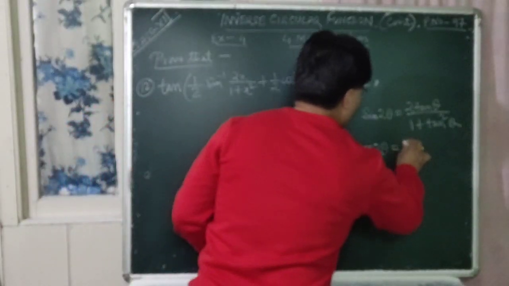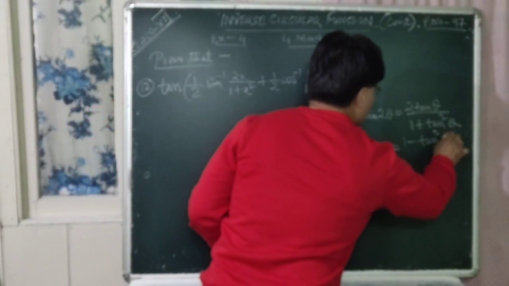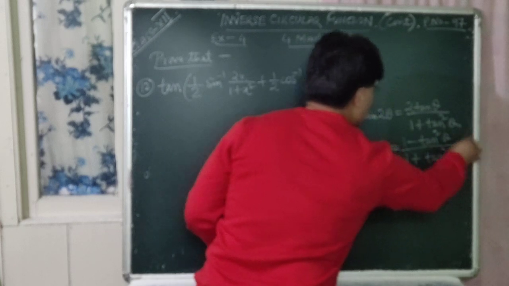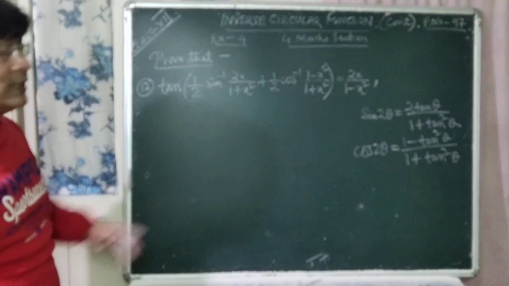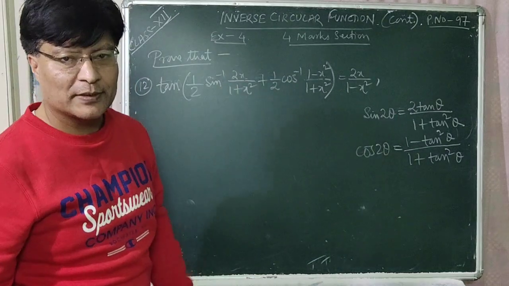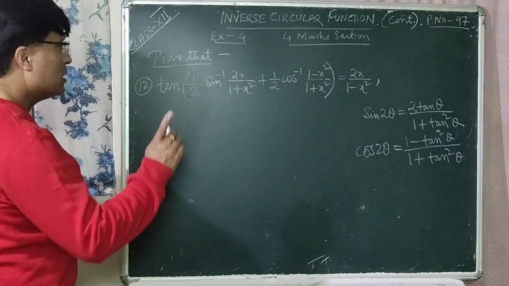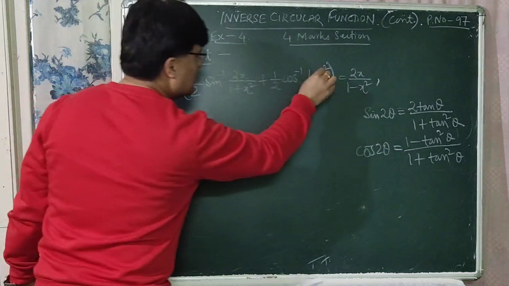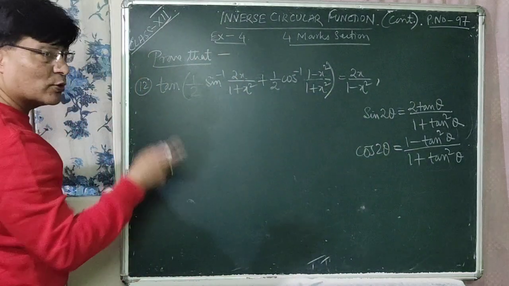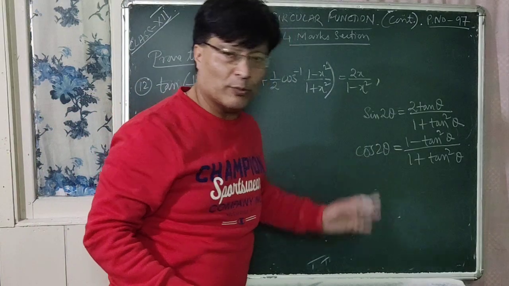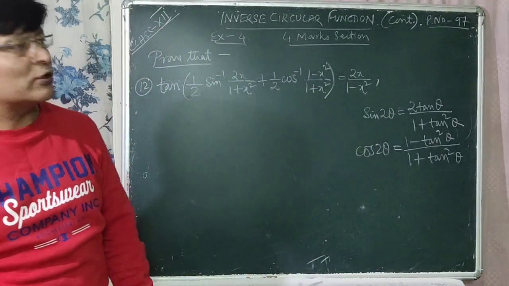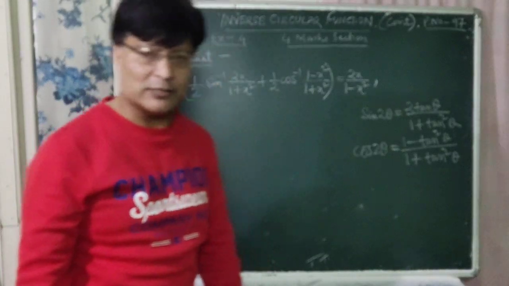It is 1 minus tan square theta divided by 1 plus tan square theta. These are the two formulae that you can use here. Is that clear? So let us assume in this case you put x is equal to tan theta. In this case also you put x is equal to tan theta, so that you can use these two formulas. These two formulas are from the chapter of trigonometry, that is multiple angles, right?